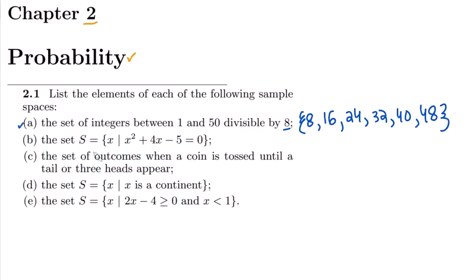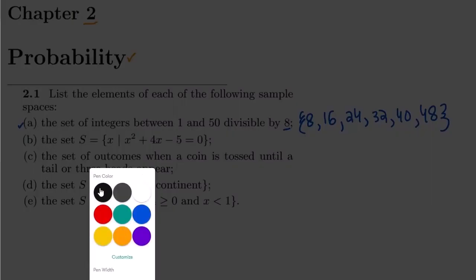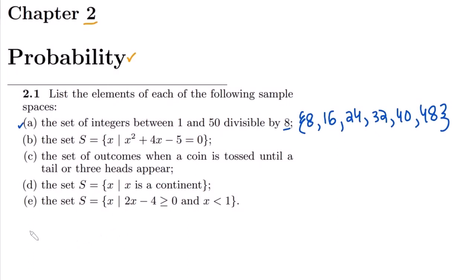Similarly, part B, the set S equal to x such that x square plus 4x minus 5 equal to 0. Let me choose this color for it. In the solution of part B, I first write this equation, x square plus 4x minus 5 equal to 0, and then let me factorize it.